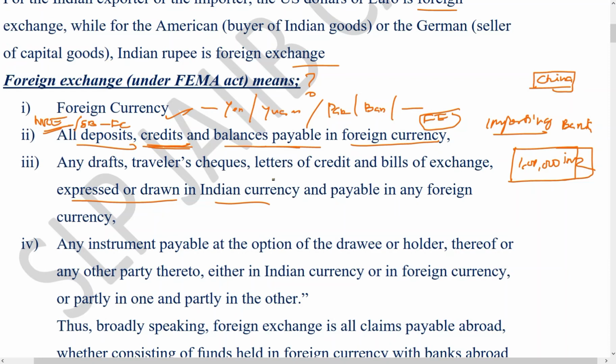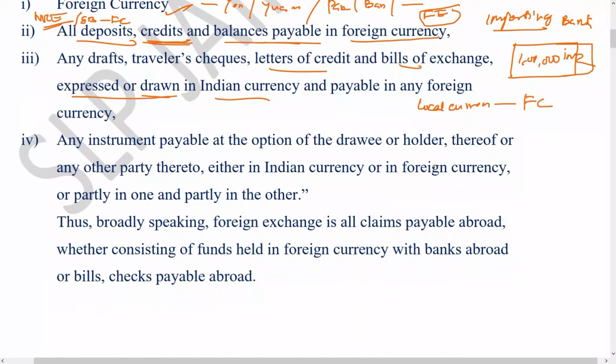So here the LC or bills of exchange or traveler's checks, drafts, are quoted in Indian currency, expressed and drawn in Indian currency, but at the time of payment, if it is paid in foreign currency, you are exchanging your local currency to foreign currency. So again it also comes under foreign exchange.